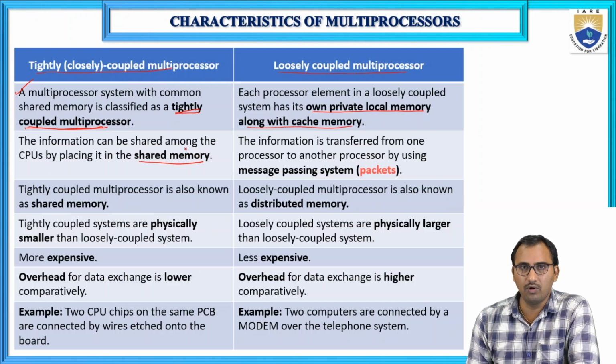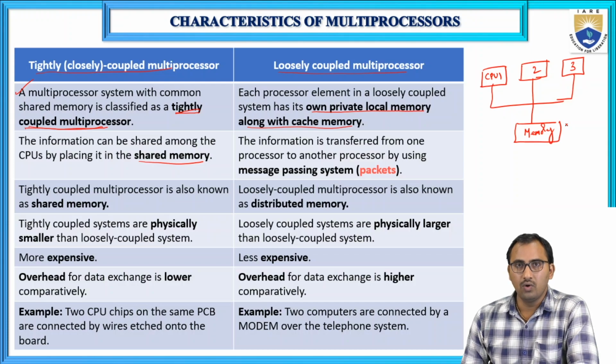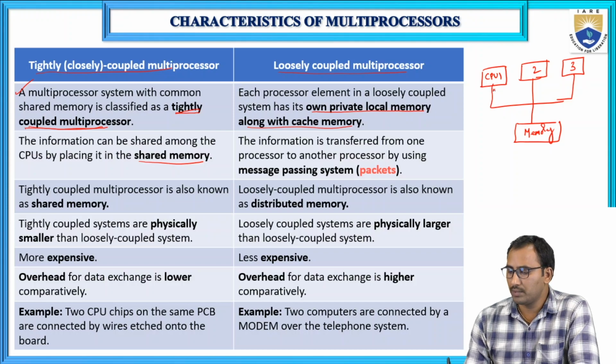We have already seen the multiprocessor configuration, in which we have multiple processors. Let us assume three CPUs: CPU 1, CPU 2, CPU 3. All these CPUs use a single memory called shared memory. If one CPU wants to communicate with another CPU, it has to keep the information in the memory.